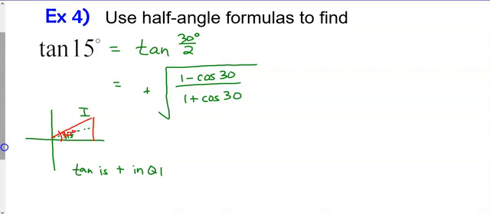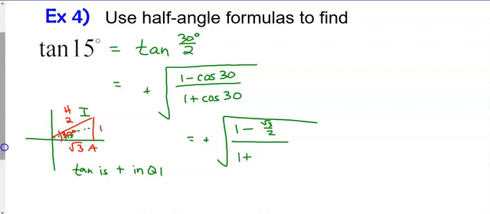This gets a little messy. So opposite is going to be 1, 2, square root of 3. Cosine is adjacent over hypotenuse, so root 3 over 2, over 1 plus root 3 over 2. Okay? And then very similarly to what we did on the last one, basically we want to get rid of those fractions.